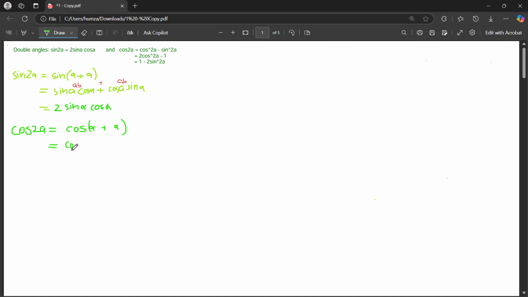Let's expand this: cos alpha cos alpha minus sin alpha sin alpha, and then this is the same as writing cos a times cos a is your cos squared alpha or cos squared a, minus sin a times sin a is your sin squared a, or alpha.